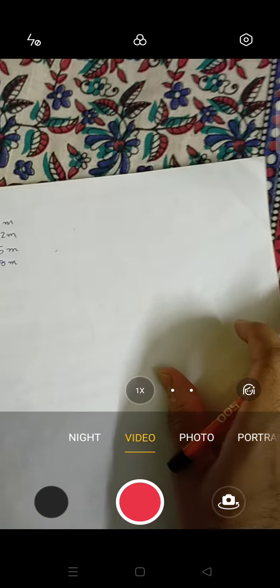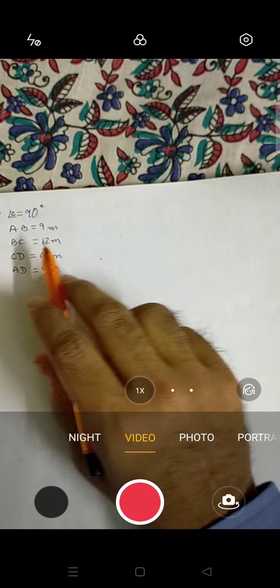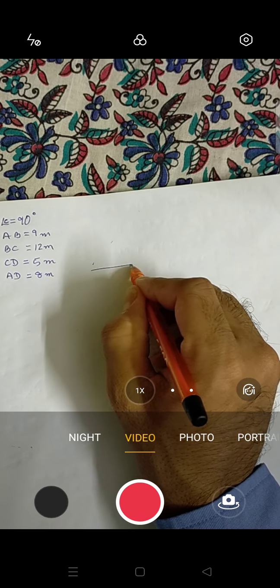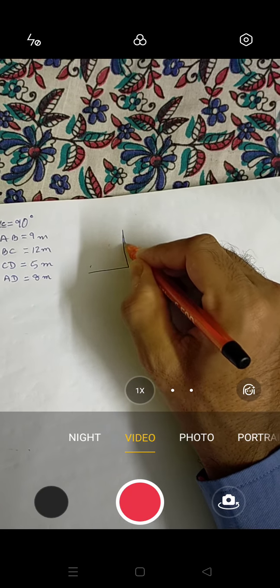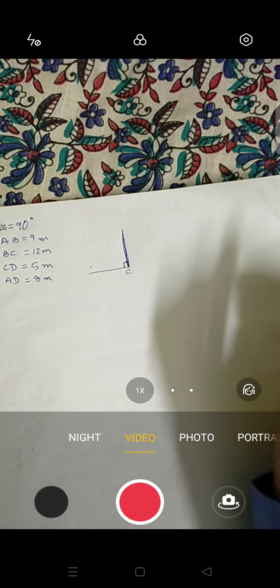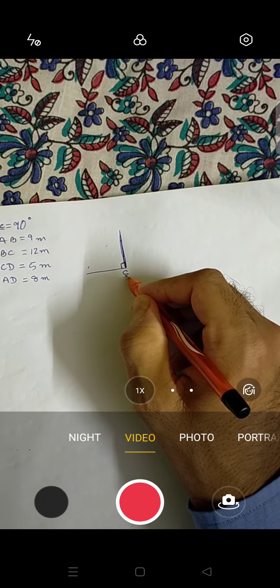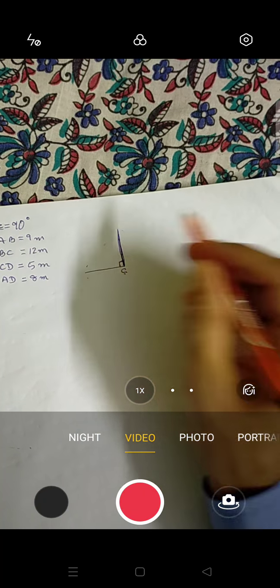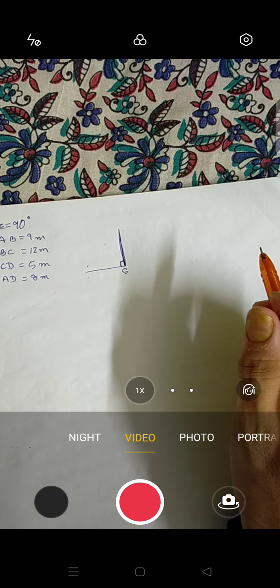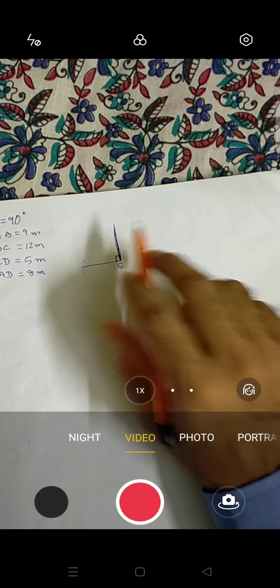Okay. So let's see. Angle C has been given. ABCD is a quadrilateral. So let us take angle C. I'm taking this one as angle C. If this is C, then definitely either this is B or this is B, because the quadrilateral is ABCD.